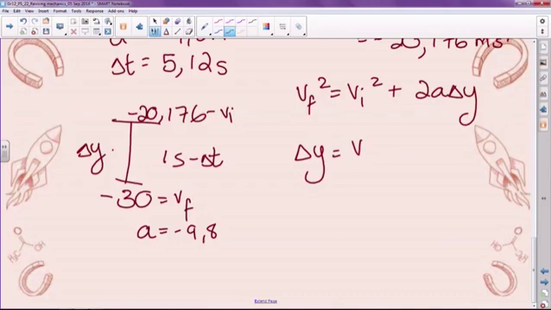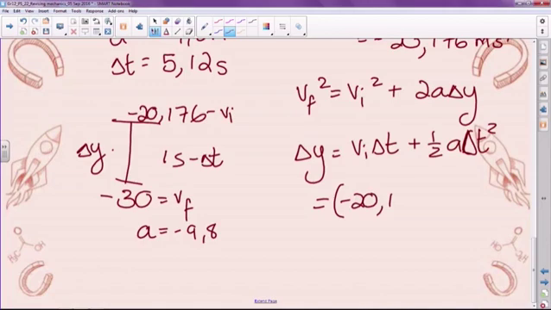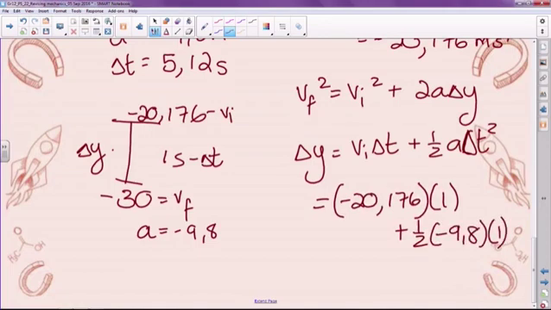Okay, it's VI delta T plus a half A delta T squared. Apparently, I've forgotten how to write. So that's minus 20,176 times 1 plus a half times 9,8 times 1 squared. And of course, I put that into my calculator.